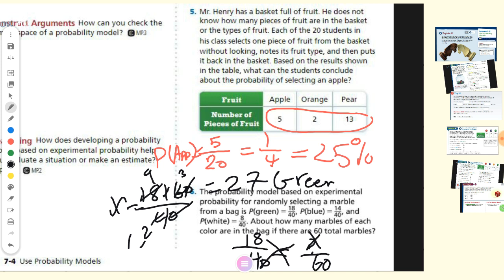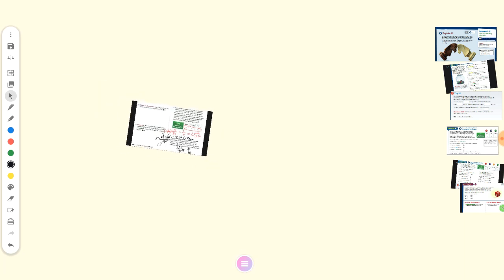And doing the same for blue, and doing the same for white. So if you know the probability, you can expect how many marbles there will be after we change the total number to 60. That's it for today. See you next lesson. Bye.